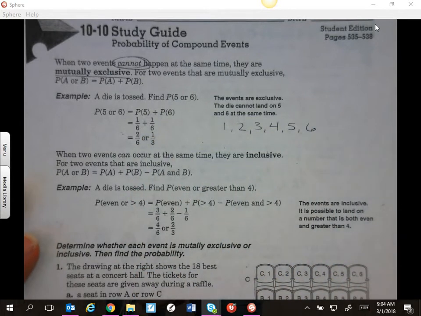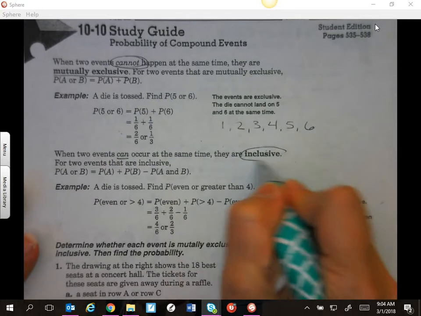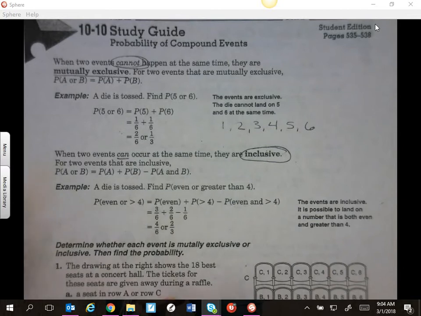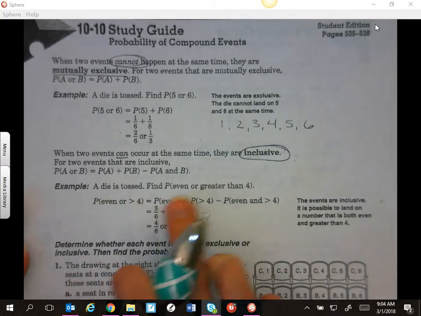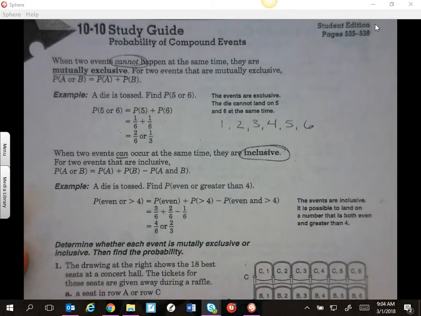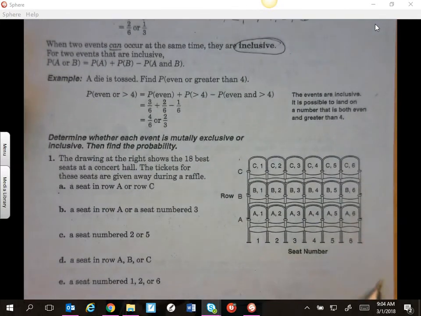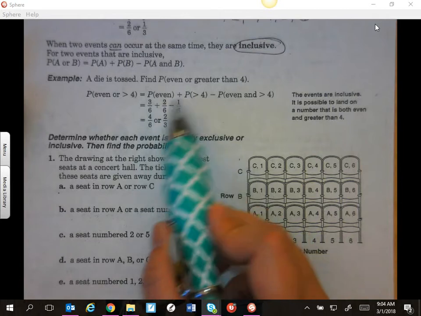When 2 events can occur together, they are inclusive, so they're including things. So if a die is tossed, you can get an even or a number greater than 4. Well, you can get both of those at the same time. So this is called inclusive. Now, again, they're adding and subtracting and such.